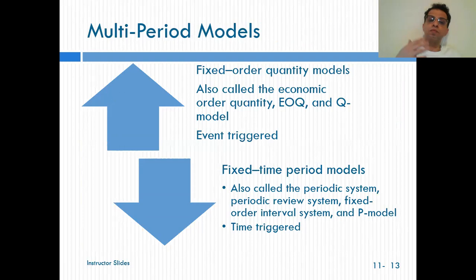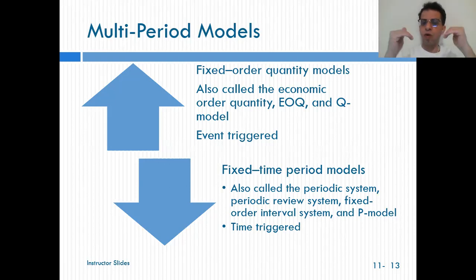In the multi-period models, there is what you call the fixed order quantity model, also called the economic order quantity, or EOQ, or the Q model, which is an event trigger, as we said, like a football World Cup, for example.